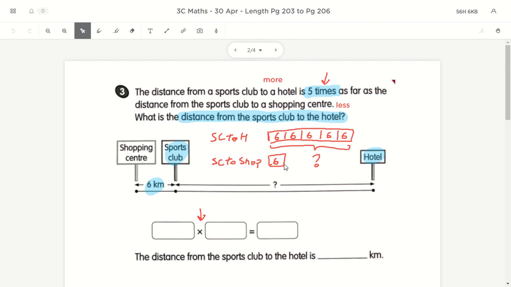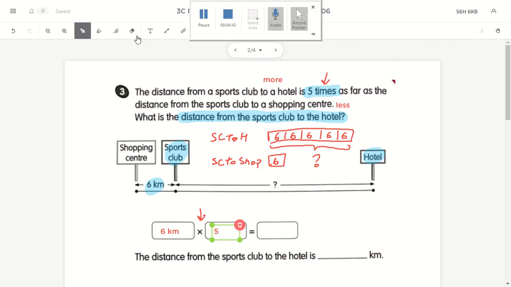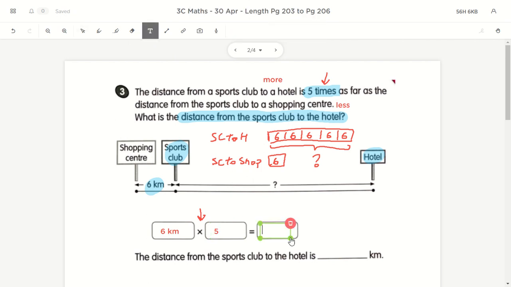So if you want to find the distance from the sports club to the hotel, it is 5 times. So straightforward, it will be 6 kilometers times 5 because it's 5 times, and that will give you 30 kilometers. Okay, so the answer is 30 kilometers.